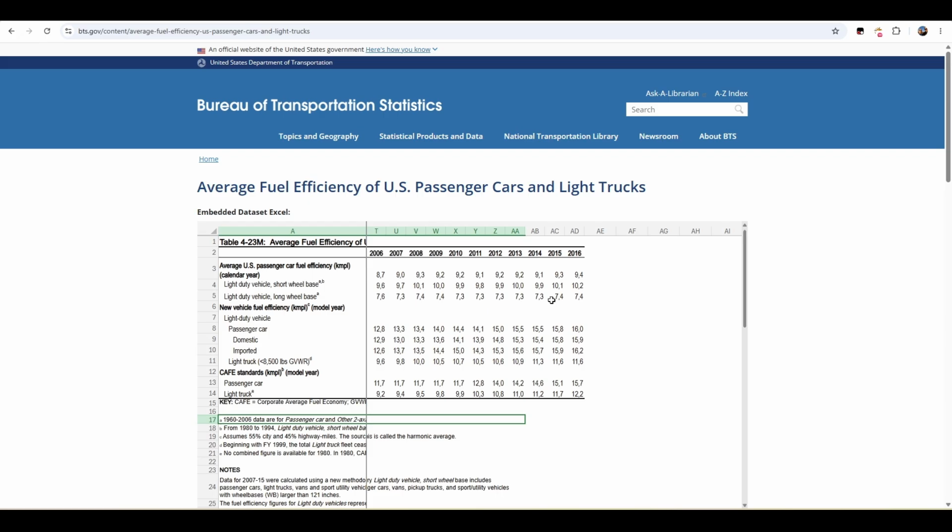Anyway, the older cars have shorter distance per liter or per gallon in comparison to the newer cars. Here we see kilometers per liter, and I think the 9.4 is about 25 miles per gallon, if I remember correctly.